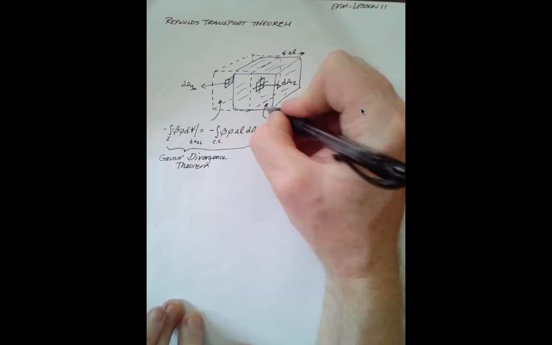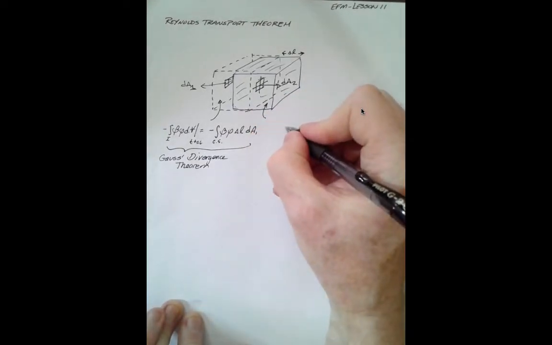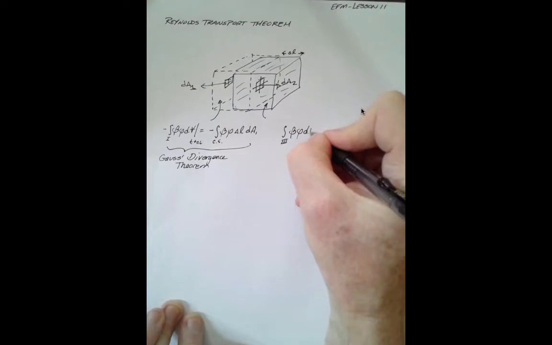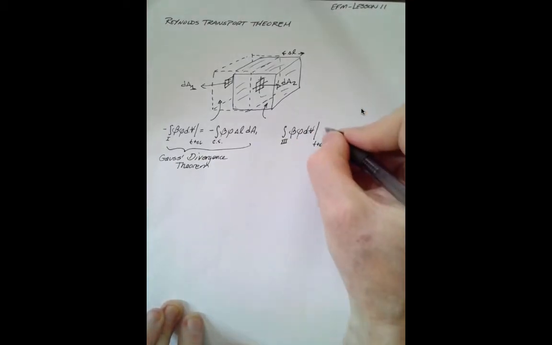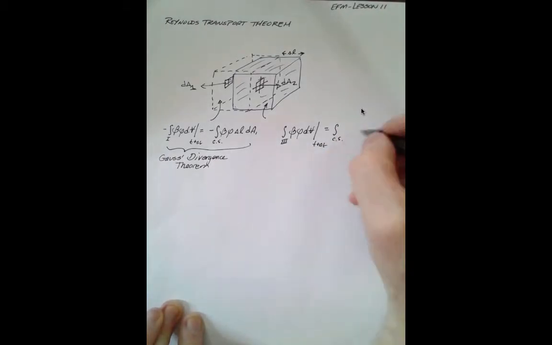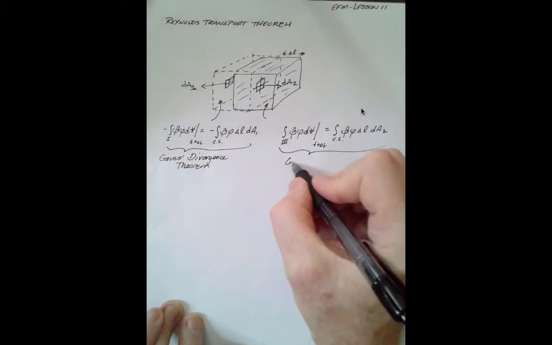Now for zone 3, we have the integral over zone 3 of beta rho d volume at time level t plus delta t is equal to the integral over the control surface of beta rho delta L dA2. This is also Gauss's divergence theorem.